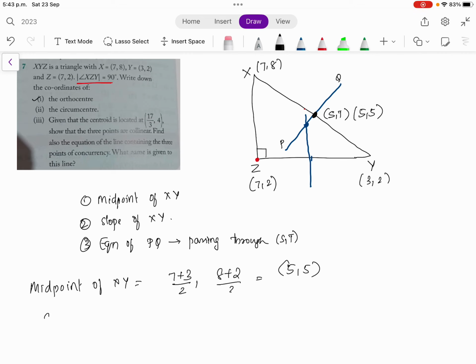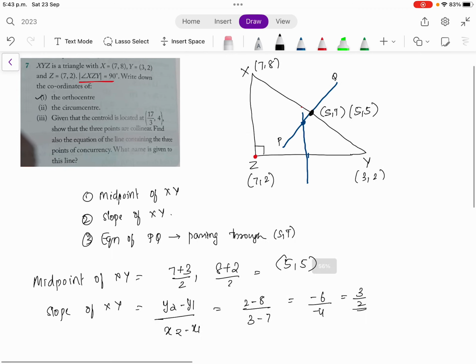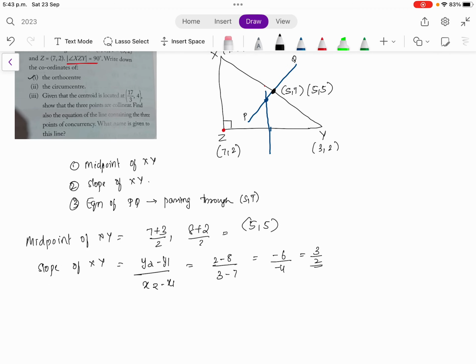Then the slope of XY is y2 minus y1 over x2 minus x1, which is 2 minus 8 over 3 minus 7, which is minus 6 over minus 4, which is 3 over 2. Since the slope of XY is 3 over 2, the slope of PQ will be minus 2 over 3.